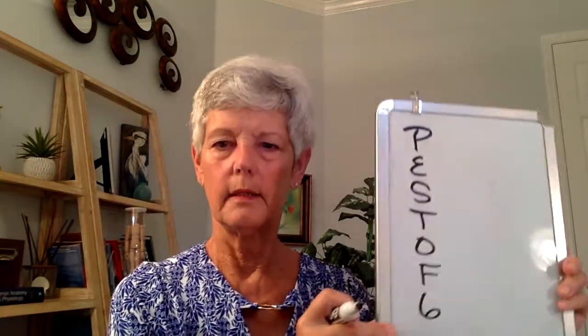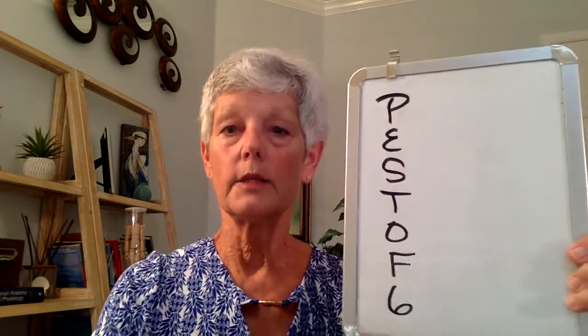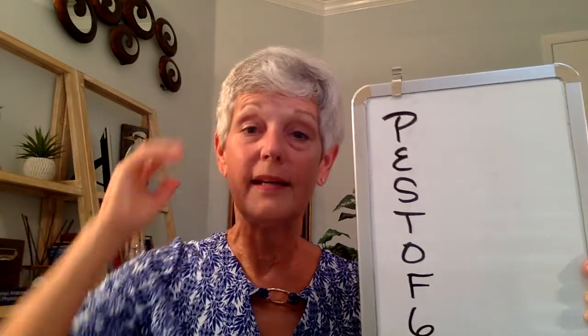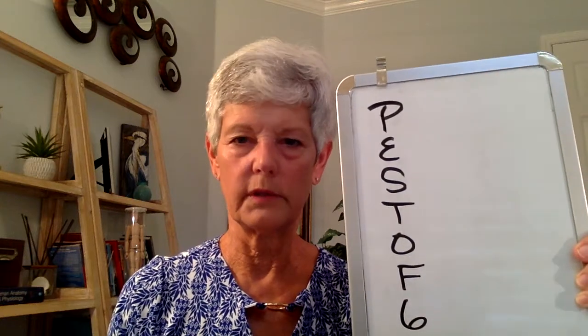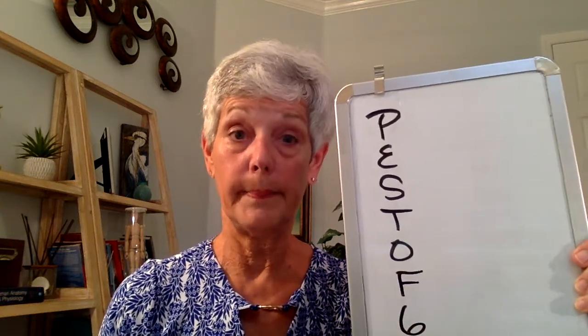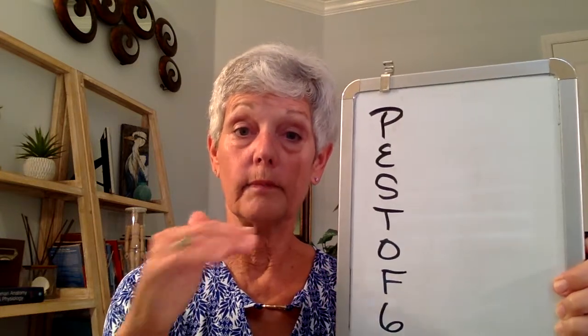It's very hard to get used to things being backwards. PEST of 6. So P is for your parietal bones, the big flat ones on the side. E is for your ethmoid bone, up there behind your nose in the floor of your skull. You don't see it unless something very bad has happened. S is for the sphenoid, a butterfly-shaped bone that makes up most of the floor of your cranium.